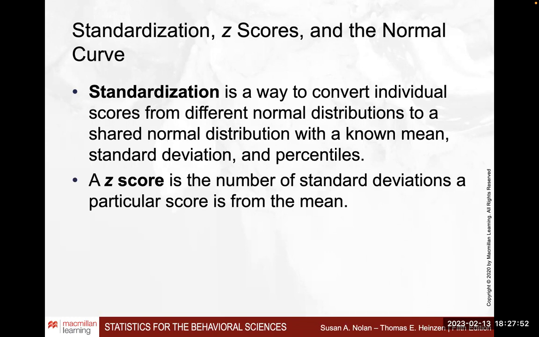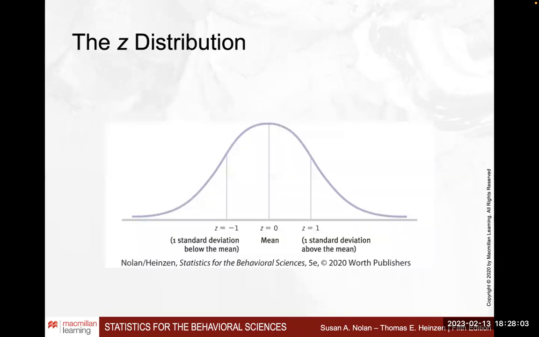A z-score, as per definition, is the number of standard deviations a particular score is located away from the mean. And that's a definition, and that essentially means if you have a z-score of +1, that's basically one standard deviation above the mean.